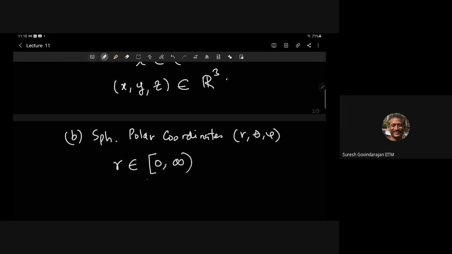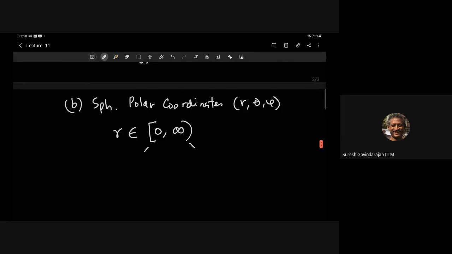Hopefully you all know the distinction between the square bracket and the round bracket, right? Does anybody not know this? Yes, sir. You don't know what this means. So this means that point 0 is included. Open set, closed set: if A, B is closed, both points A and B are part of the set on the real line.